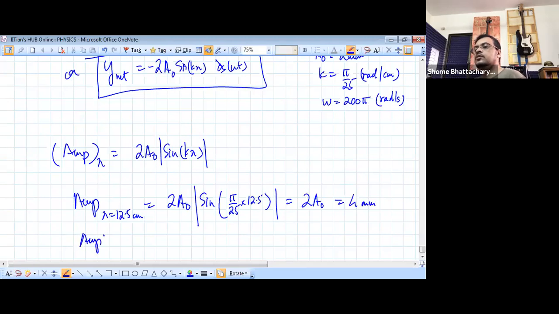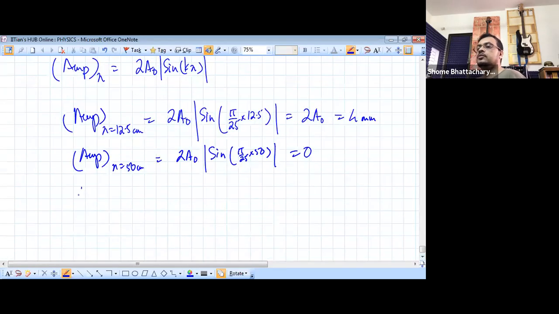Amplitude at x equal to 50 centimeters is 2a naught sine of this, which is 0.